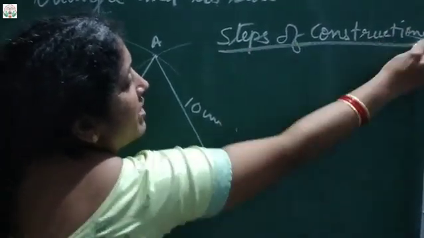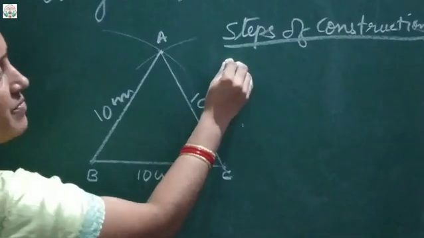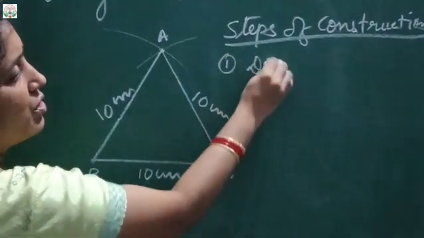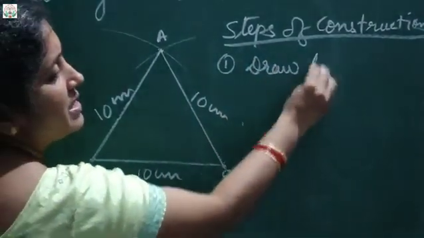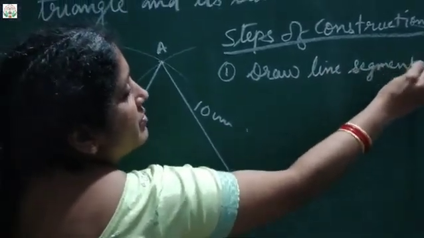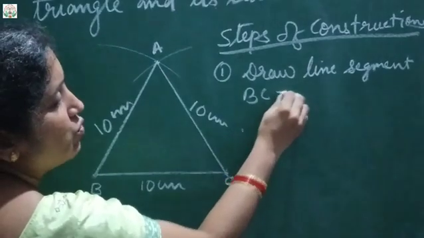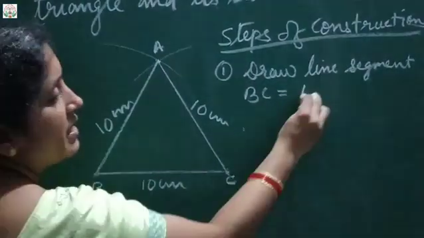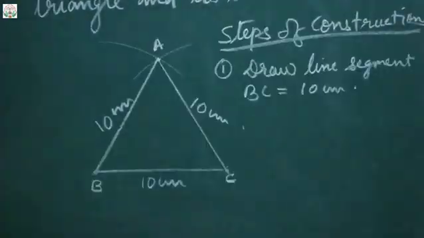So what will you write there? First point: draw line segment BC equal to how much? 10 centimeters.